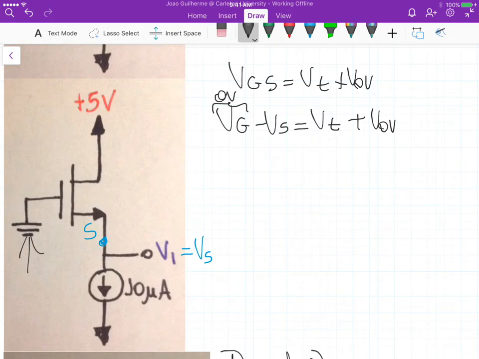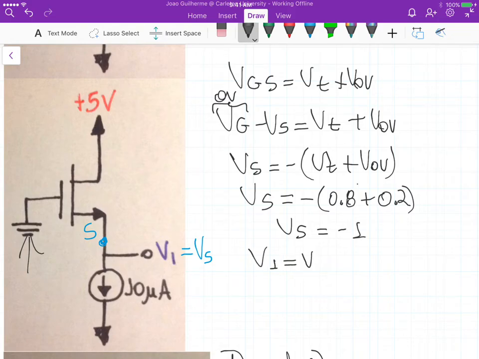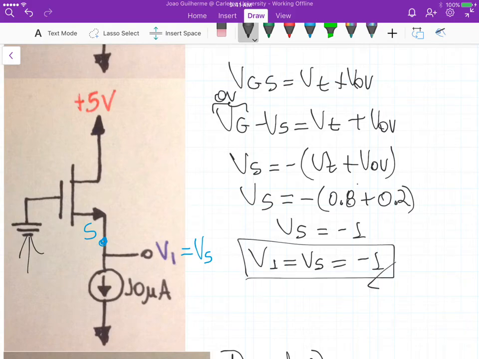So Vs is equal to minus the threshold voltage plus the overdrive voltage, minus 0.8 plus the overdrive voltage that we just calculated. So Vs is equal to minus 1. And we know that V1 is equal to Vs, so V1 is equal to minus 1. And that's the result for part A.